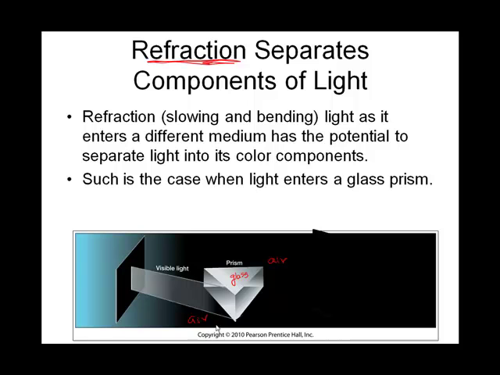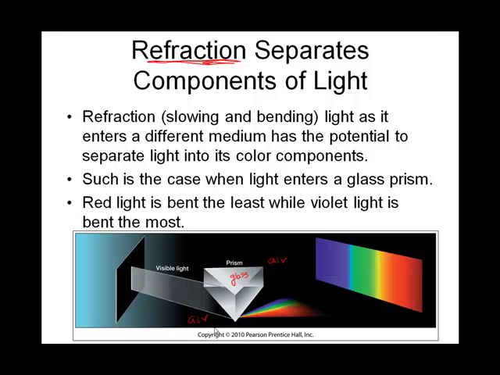Specifically, red light is bent the least, while the shortest wavelength, violet light, is bent the most. So for that reason, the red has most closely the trajectory of the entering light, and the violet is bent the most. Remember the symbol for wavelength is lambda. Wavelength does matter, and it makes a difference as to how much refraction will occur. So basically, what a prism does is break white light out into its components.